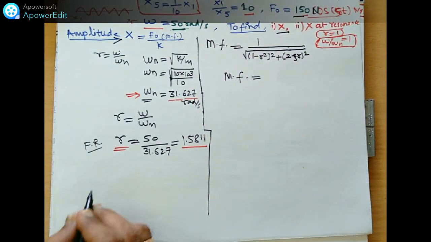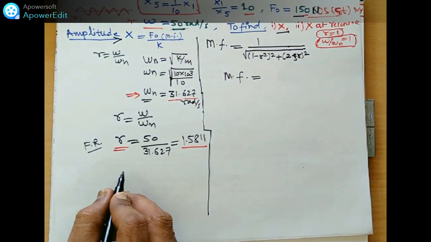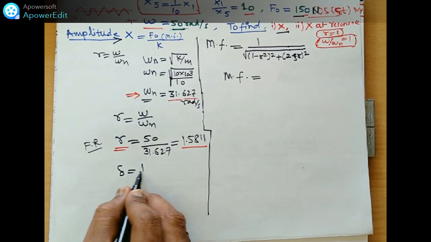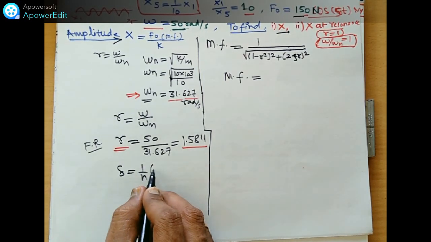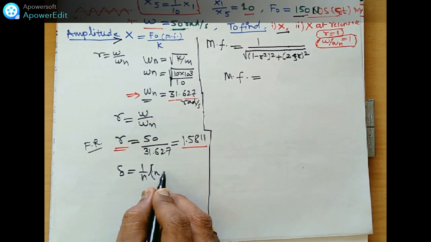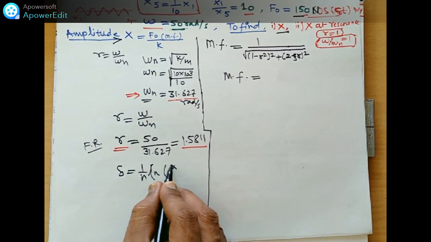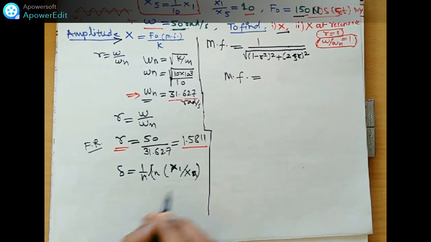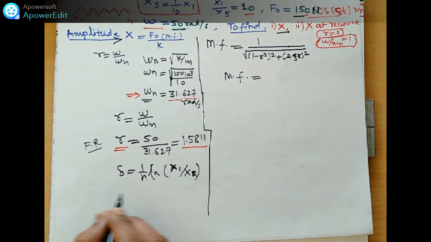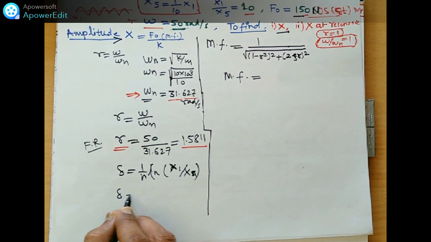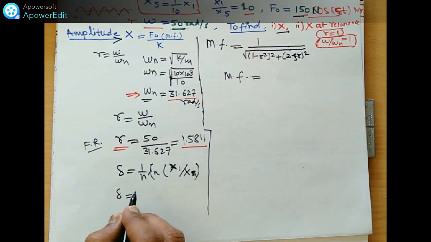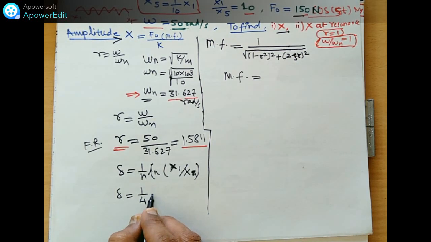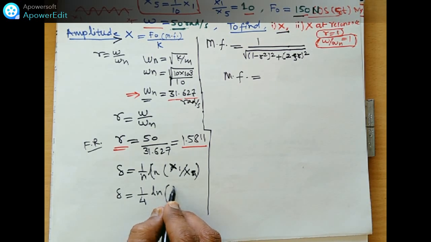Delta is equal to 1 upon n into ln of x1 by xn. We can write xn here in this case. So the number of cycles is 5, and x5 is the last term. The number of cycles is 4, so ln of x1 by x5.